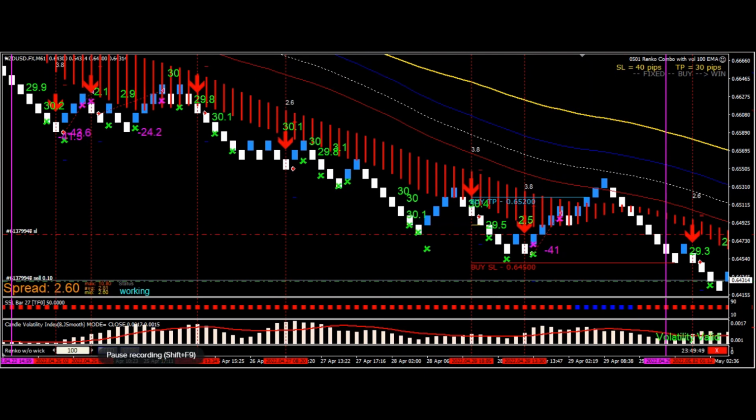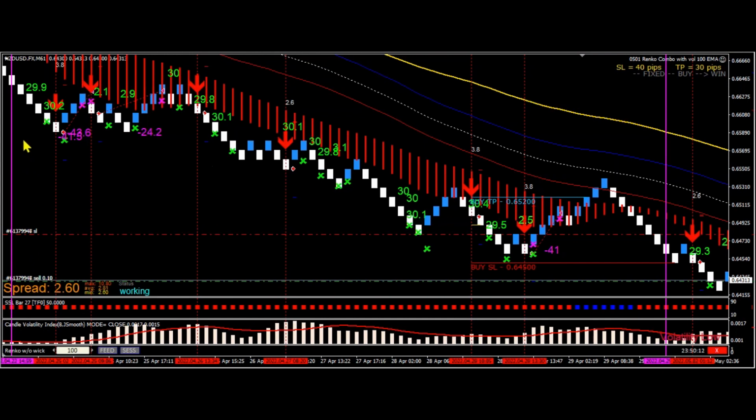Okay, let's jump right in and take a look at the system I'm currently running. This is very, very similar to the Renko algorithm that I shared with you in my last video. However, I've been messing with it, doing some more back testing, and I've tweaked it a little bit and changed a few things up. So I just wanted to explain how that works.